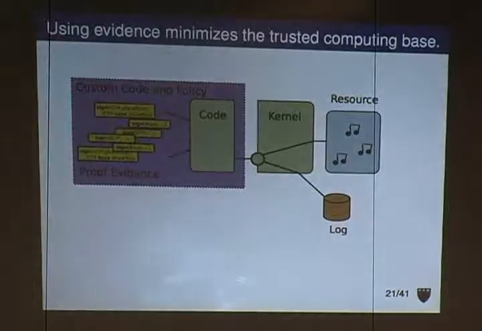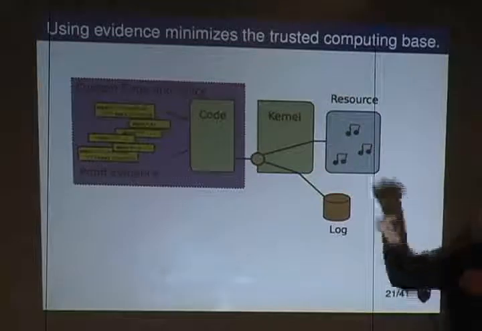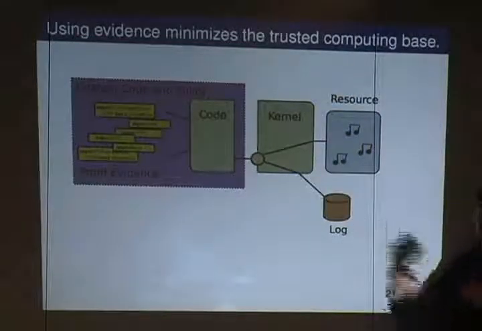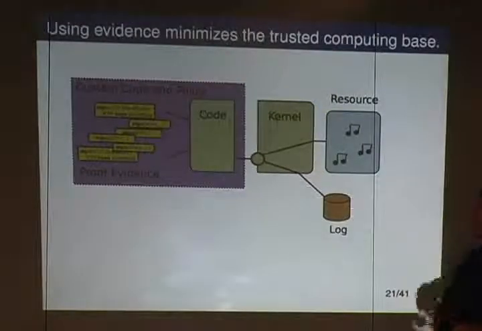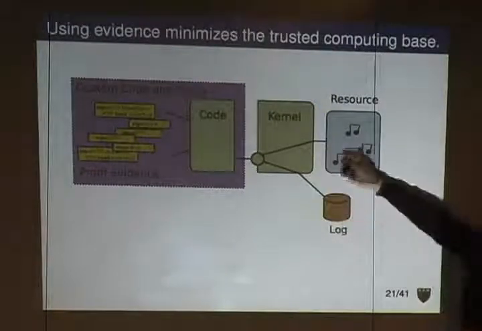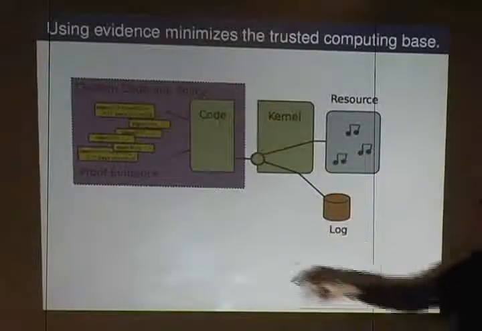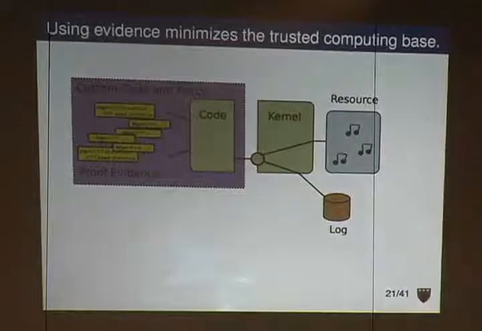Furthermore, if you think about what you write when you sit down to write your application as an Aura programmer, you don't actually write the underlying system kernel. And I should note, when I say kernel here, I don't mean the Linux kernel. This is the application stack, so the Linux kernel plus the Aura runtime. But you don't write that. You don't write the underlying resource you're accessing. You don't write the logging software. All you write is the code, maybe some code that generates proofs or some initial proofs to populate your policy.